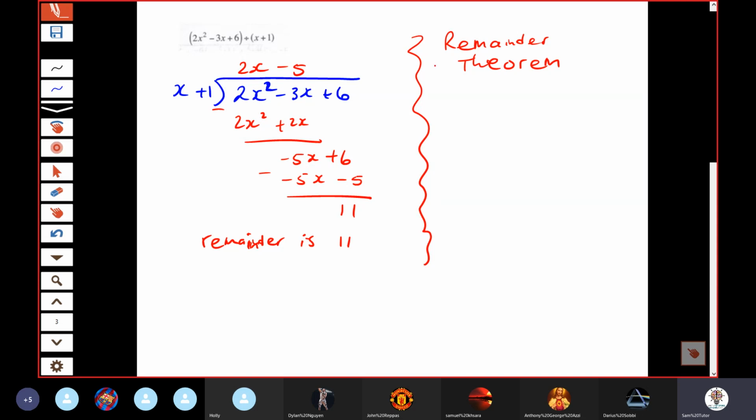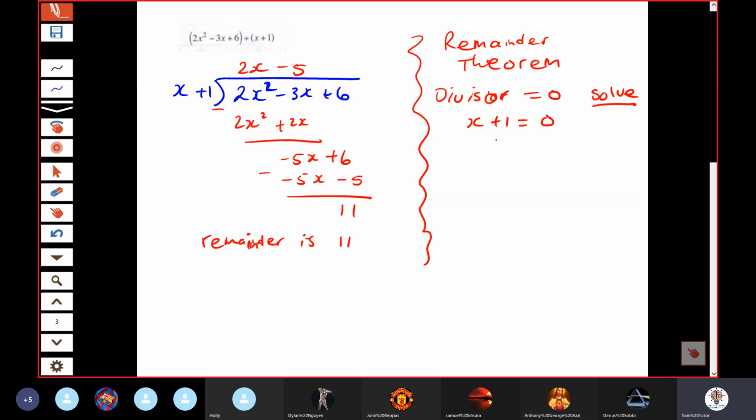What the remainder theorem says is whatever my divisor is, if I just make that equal to 0, so my divisor, which in this case is x plus 1, so I'm solving, just like we solved quadratic equations and solved a lot of stuff equaling to 0.